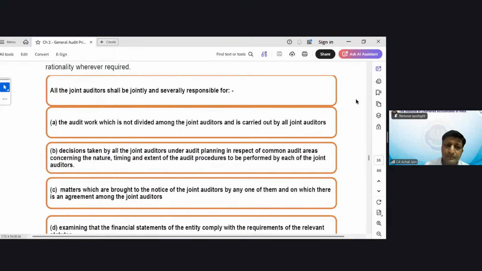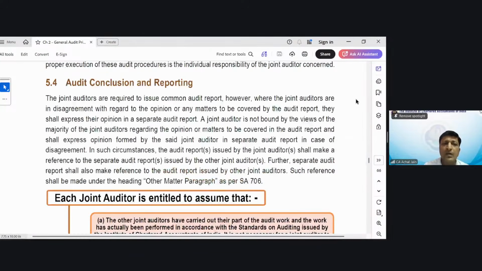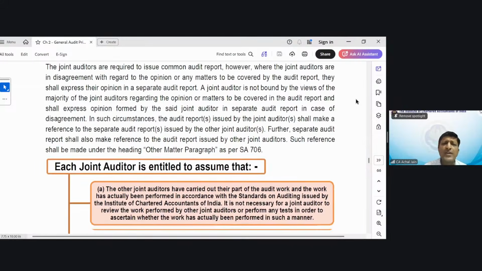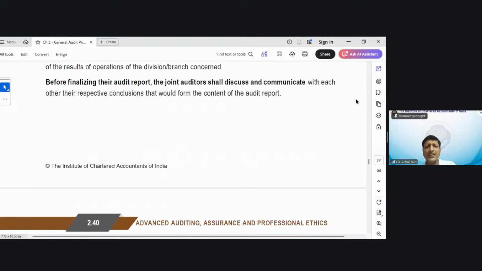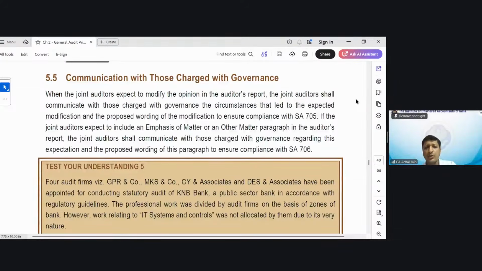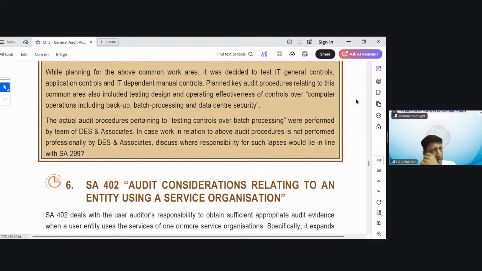Now, talking about audit reporting, once the audit areas are completed and conclusions are drawn, they will get on to their reporting requirements as well. They will have their conclusions, the way they want to put it across.